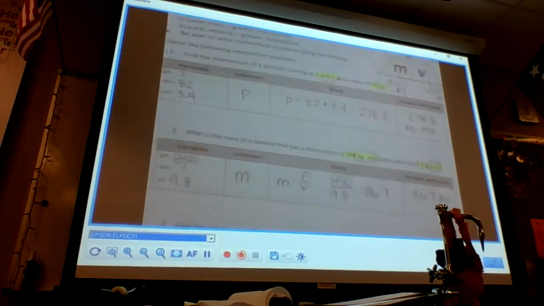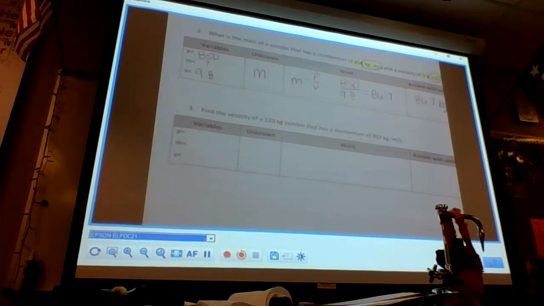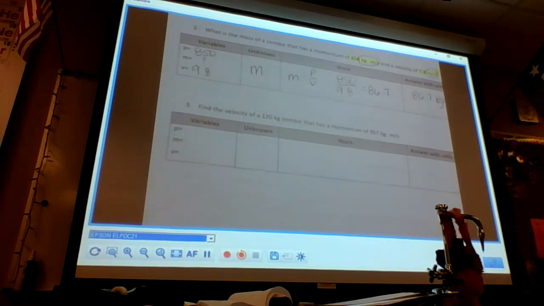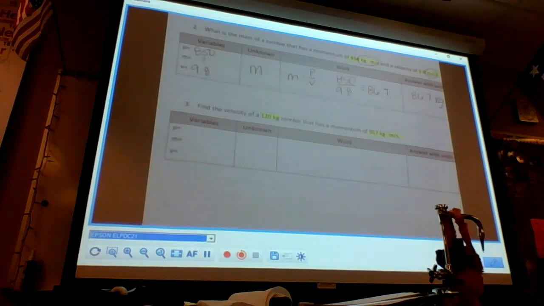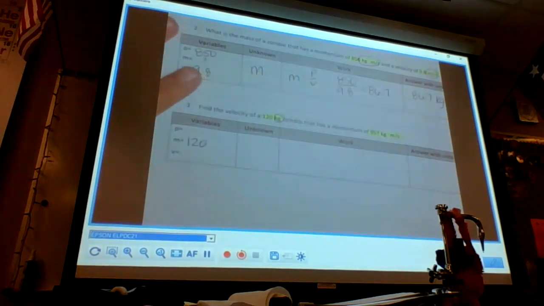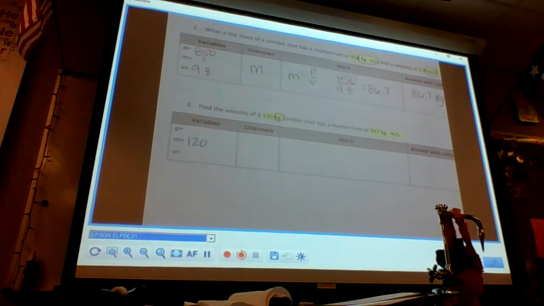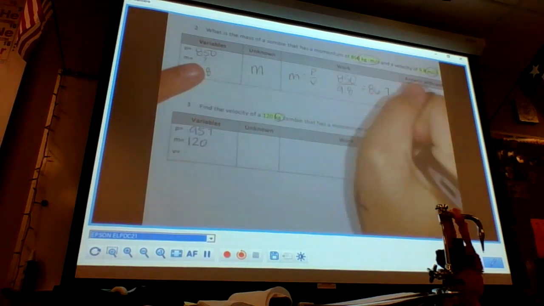Alright, let's do one more, and then I'm going to talk about a few things, and then we are good for the day. Find the velocity of a 120 kilogram zombie. That's a momentum of 957 kilograms times meters per second. Where am I putting 120? On mass. Mass, because of kilograms. Where am I putting 957? Momentum. Momentum, which is the P, because it has that unit.